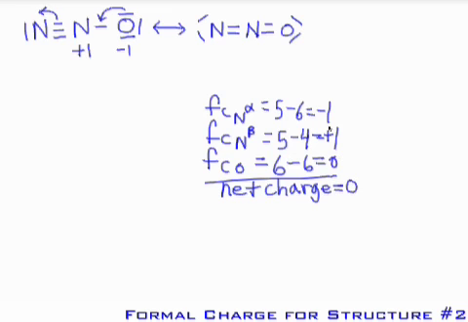And that's the way it should be. So we've got a -1 this time on this nitrogen, and a +1 on the middle nitrogen, and a 0 on the oxygen. Okay? So we'll keep this open. We're going to erase that now, and we'll clear it off for the next structure.